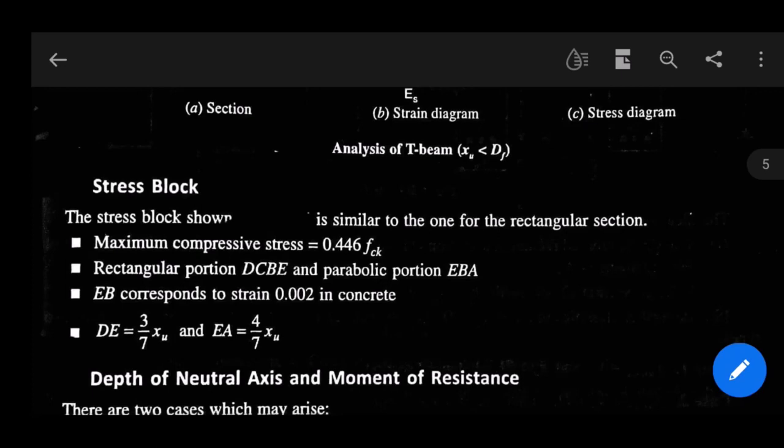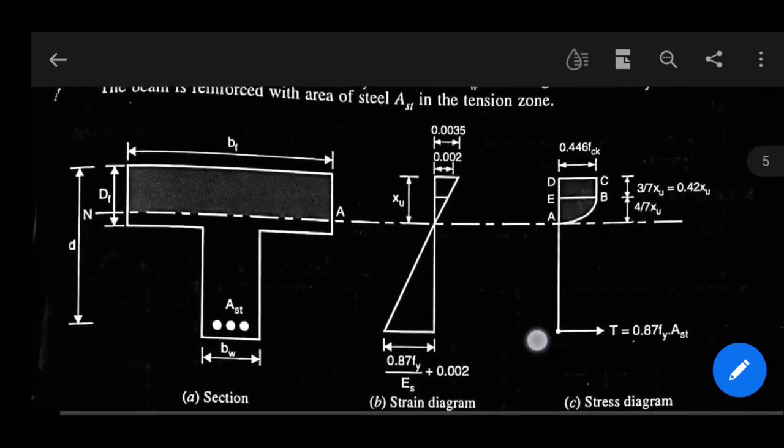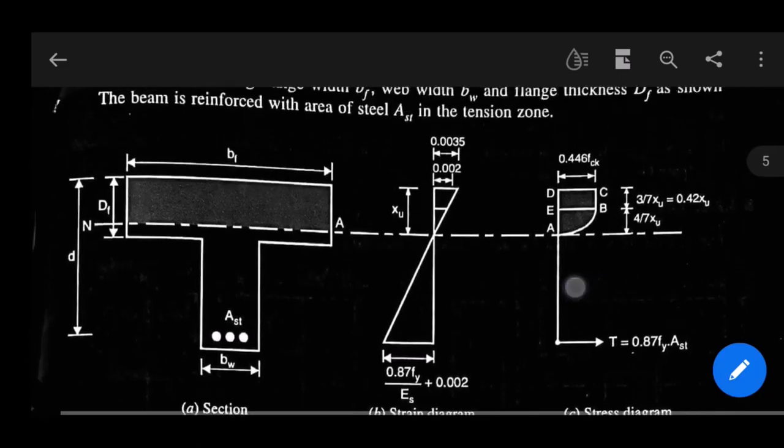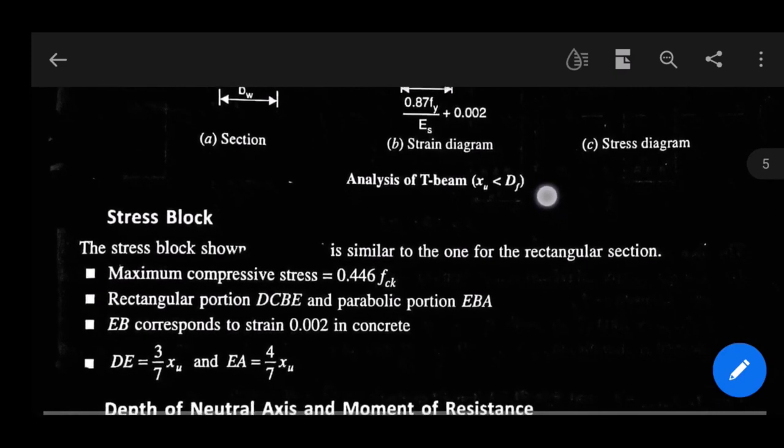The stress block shown is similar to that of the rectangular section, as I said earlier. So the maximum compressive stress is 0.45 FCK or 0.446 FCK. The rectangular portion is DCBE, and the parabolic portion is EBA.